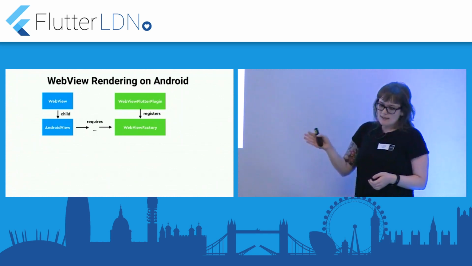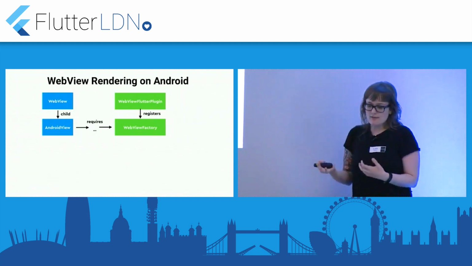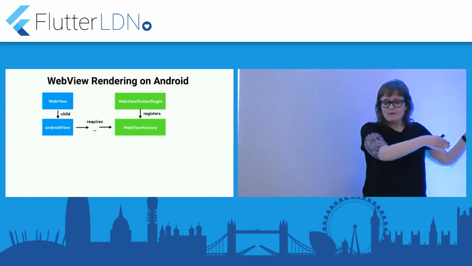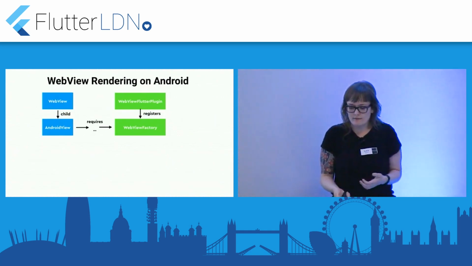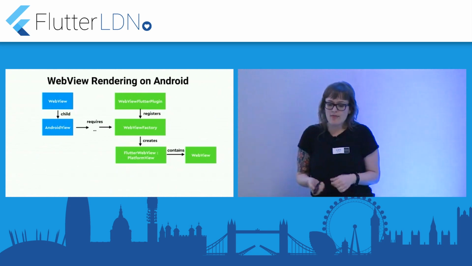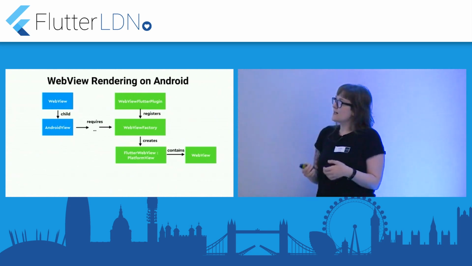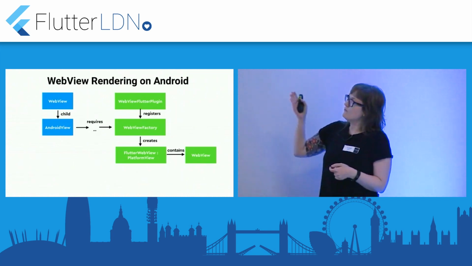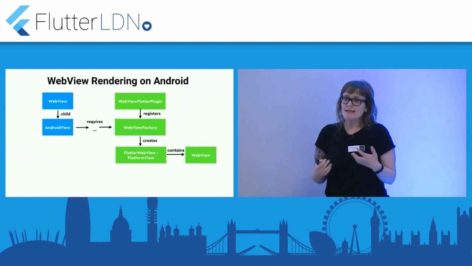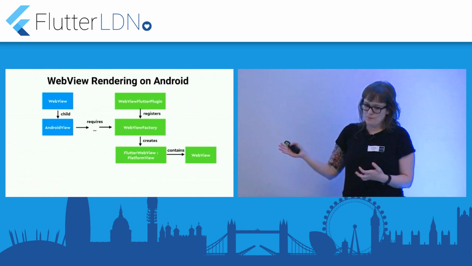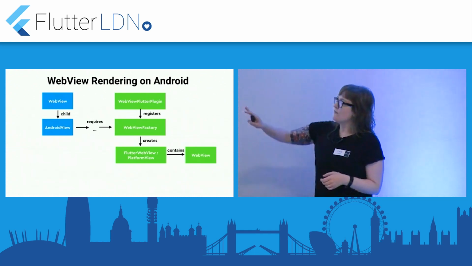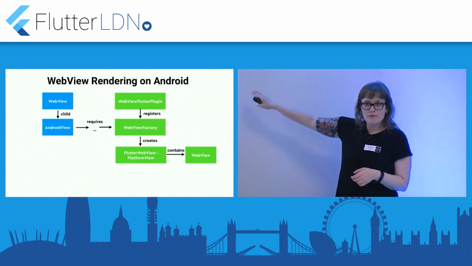So in our case, the Android view that is contained in the Flutter web view uses the same ID to say, hey, create this when it's needed. Then the Flutter engine will use the WebView factory to create the actual native web view. So far, we have created the native web view.